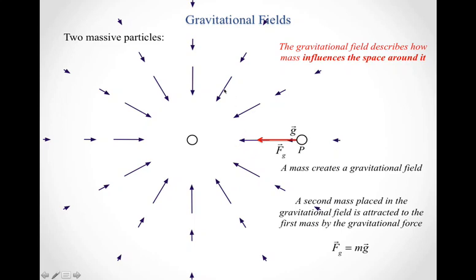So the field describes how a massive particle influences the space around it, and then F equals mg tells us how that influence on the space is going to be felt by another mass that you place at a point in the space around your first particle. So that's the big idea in terms of what's going on with fields.